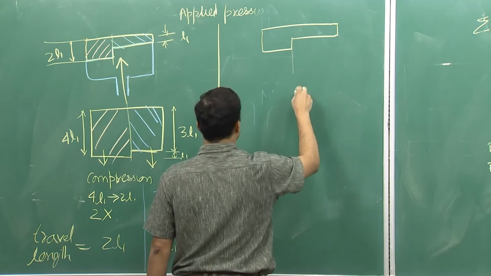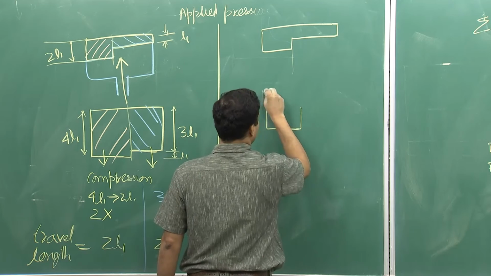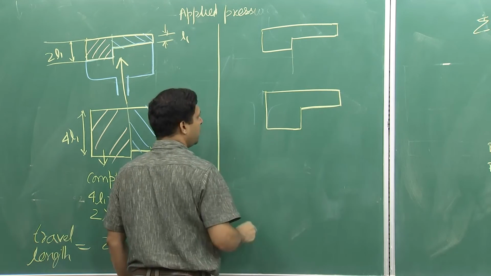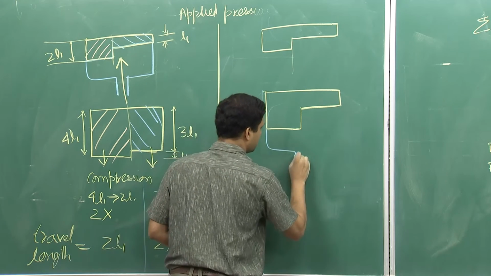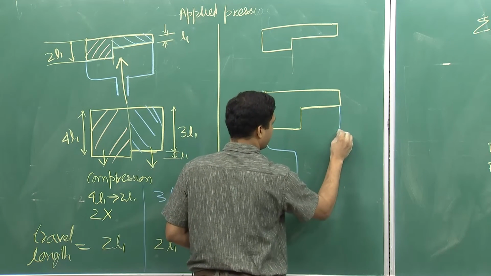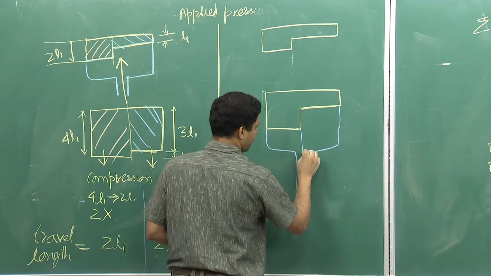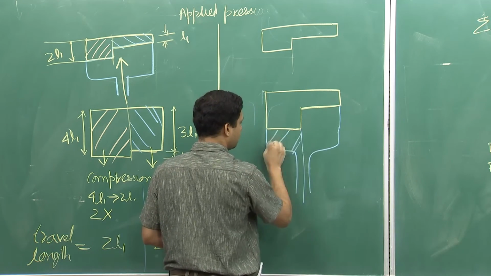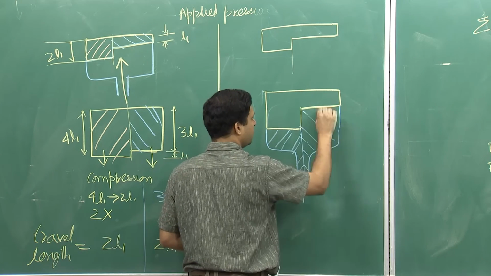Now, here let us say we start like this. So, here we have a piston which has two parts. So, these two parts, let us say, are able to move independently.